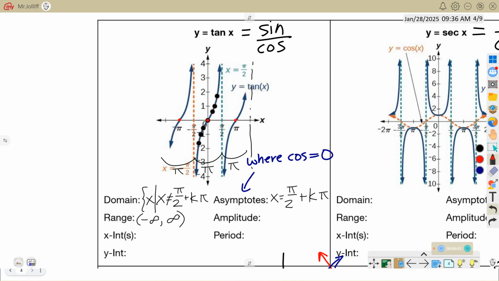Where are they occurring? I see you were about to mumble something into your hand, Arturo. What are you thinking? Negative pi, 0, and pi. If I keep moving to the right, where do I think my next 0 is going to be? 2 pi, 3 pi, 4 pi. These are just multiples of pi.